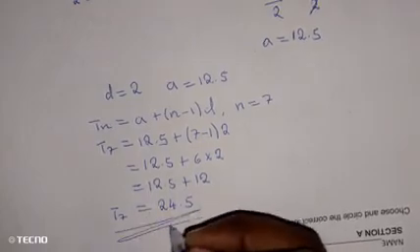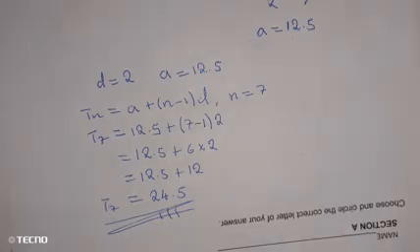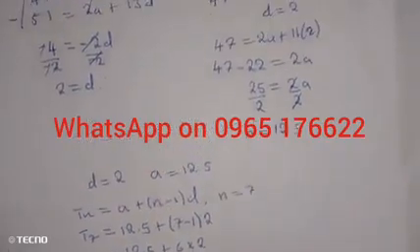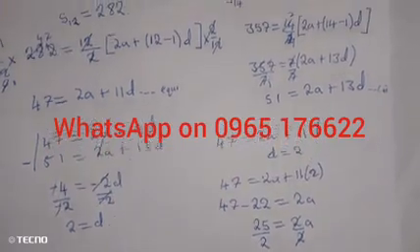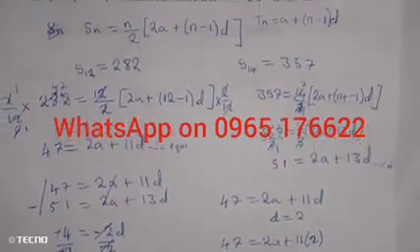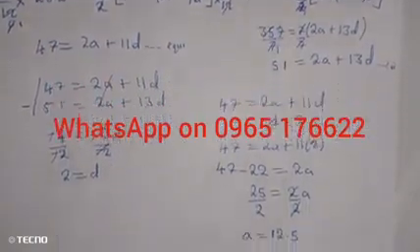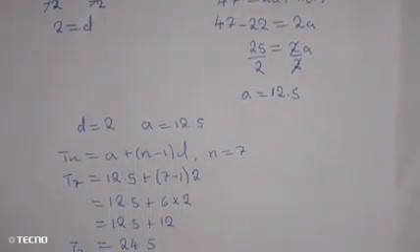So the seventh term is equal to 24.5. This is the answer, and for answering the whole of this you get 5 marks. This is the beauty of addition mathematics, because it has got a lot of marks.